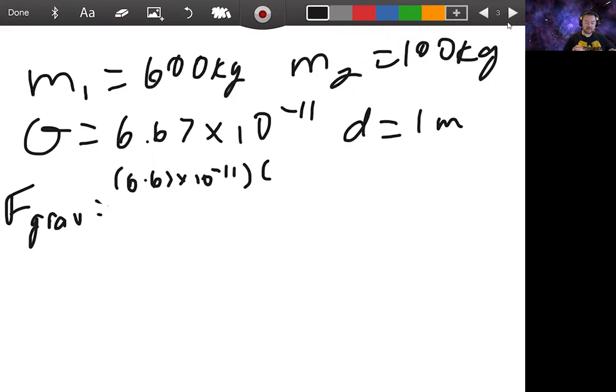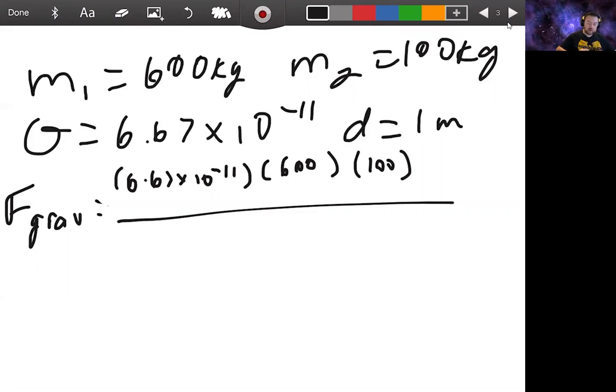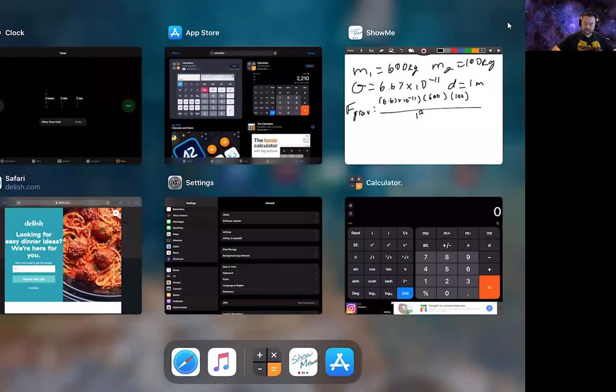We're going to multiply that times our masses, 600 kilograms times 100 kilograms, and that's all going to be over 1 squared. And we should all know by now that 1 squared is simply 1. So I'm going to take my numbers.